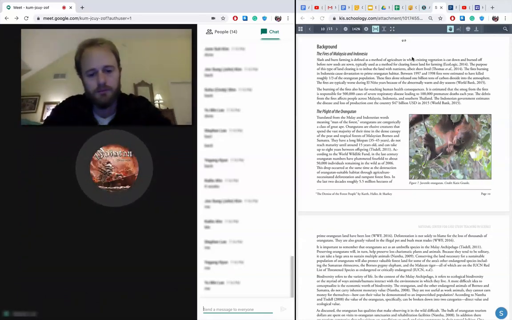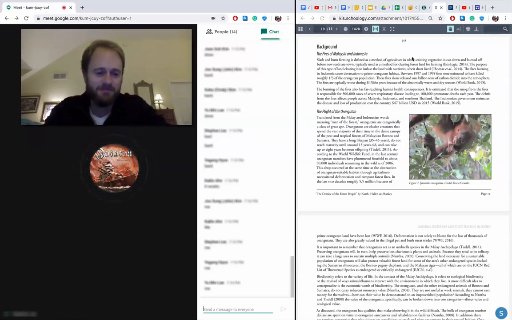Not only that, I feel like the removal of the orangutan is somewhat similar to the effects of the trophic cascade, which is the removal of the top predator and the effect it can have on the lower end of the food pyramid.